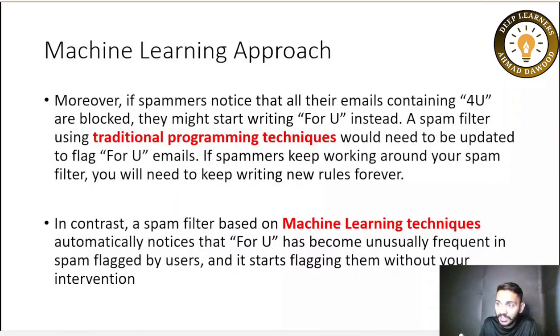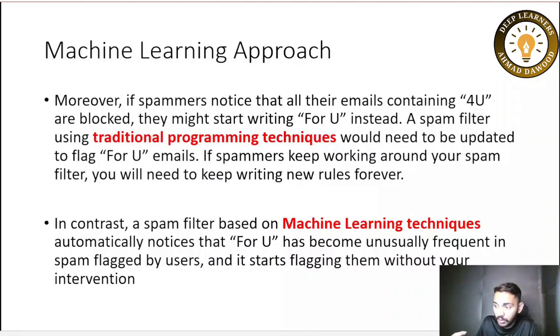But in the machine learning case, you just feed the data to the model. The model will detect the phrases and patterns that are unusual in the spam emails, and it will figure out by itself, without your intervention, that these emails contain these words.